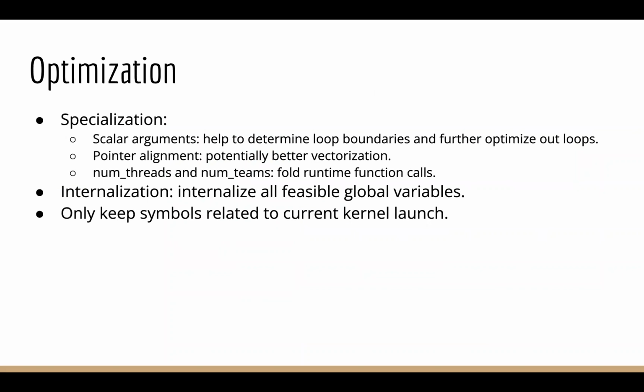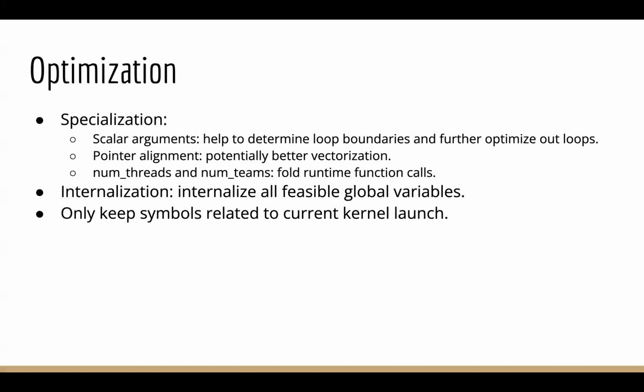Here are some details. We introduced some optimization into that because we now have some information that's only available during the runtime, right? So the first one is specialization. Now we have the kernel arguments, like the value and the pointer. So we have scalar argument specialization, basically just to replace all of the scalar kernel arguments to specialize it.